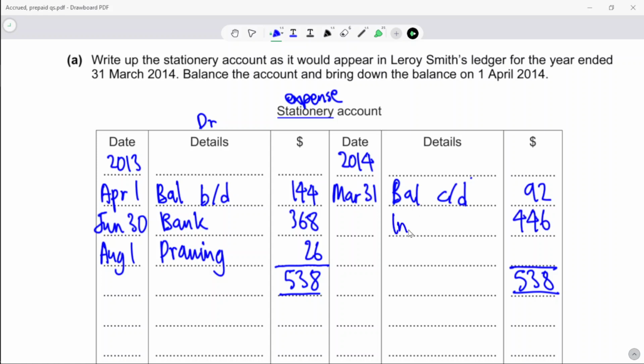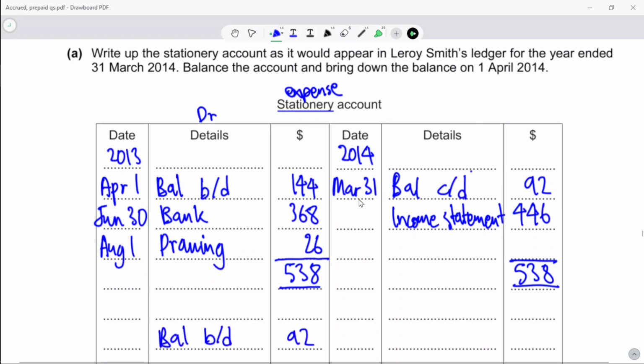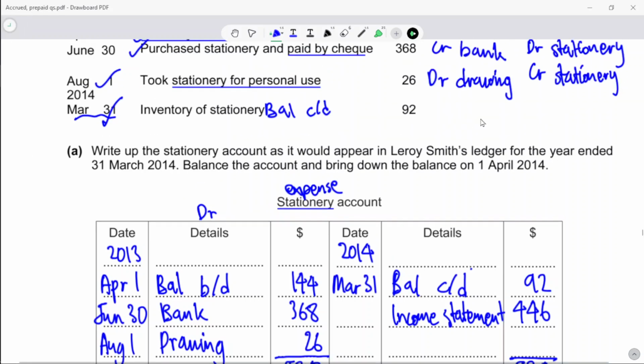This one will be the income statement. So bring down to the next day, which will be April 1. Oh, sorry, I made a mistake.